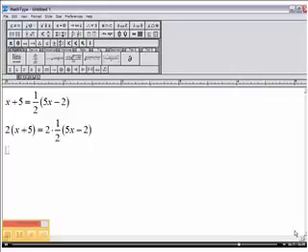Now I can distribute the 2 on the left, and I get 2x plus 10. On the right, these guys are going to cancel. And so I'm just left with 5x minus 2. I'll add 2 to both sides and subtract 2x from both sides. And finally, I get x is equal to 4.